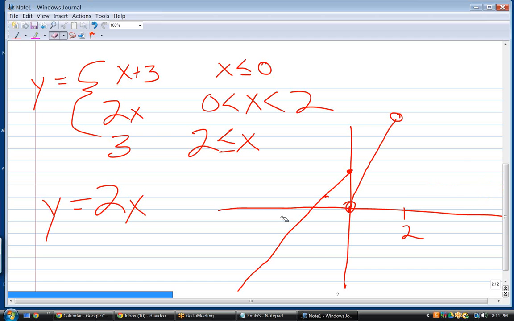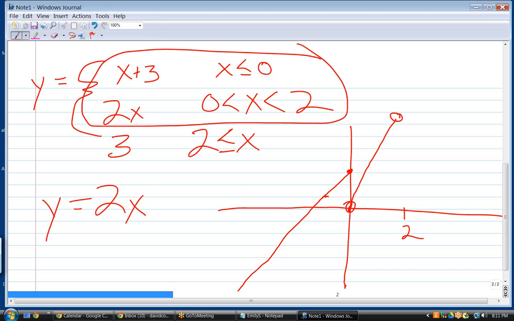And what kind of line should this be? Wait, can you do that again? Yeah, in other words, we've done this part here with those two segments. The only part we still have to concern ourselves with is when x is greater than or equal to 2.